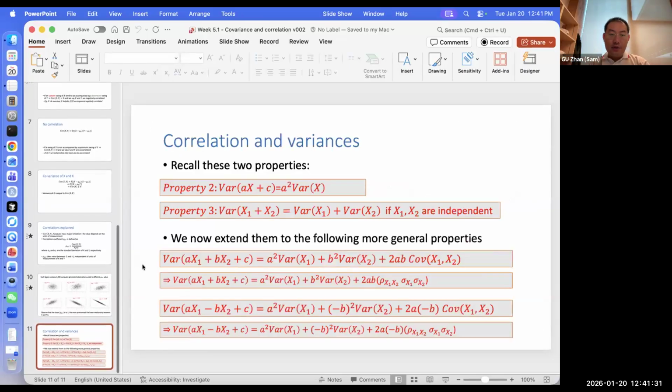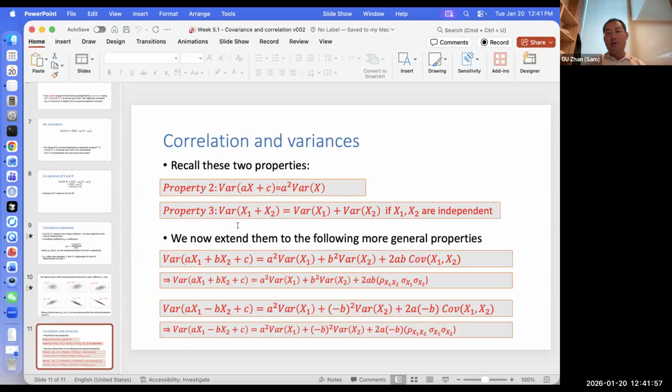For this 5.1, recall the two properties that we have learned in the past few weeks. Regarding the variance, the variance of aX plus c, where there's only one variable X, is equivalent to a squared times the variance of X. This is univariate, only one variable.